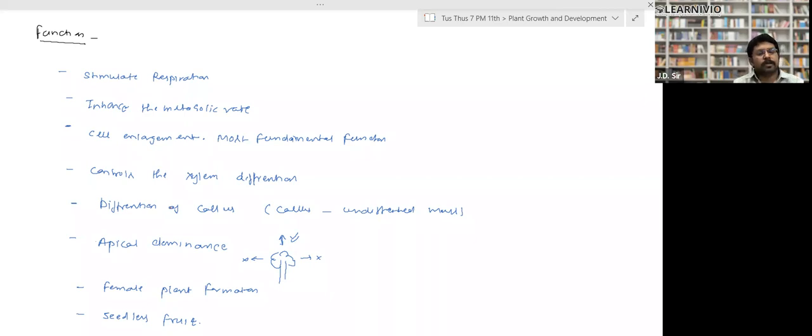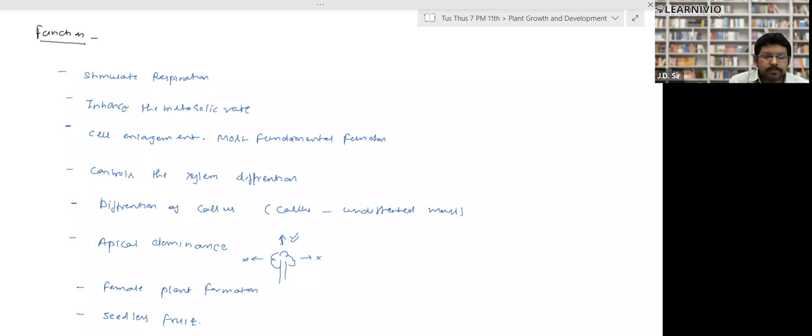Next, it is responsible for cell enlargement, which is the most fundamental function of auxin.